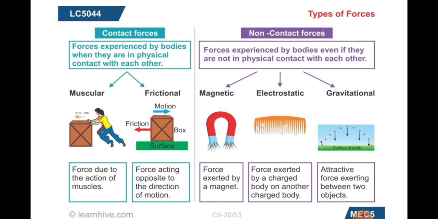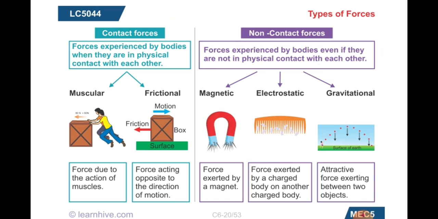Here you can see that contact forces are the forces experienced by bodies when they are in physical contact with each other. It can be divided into two parts. First is muscular and the second is frictional.